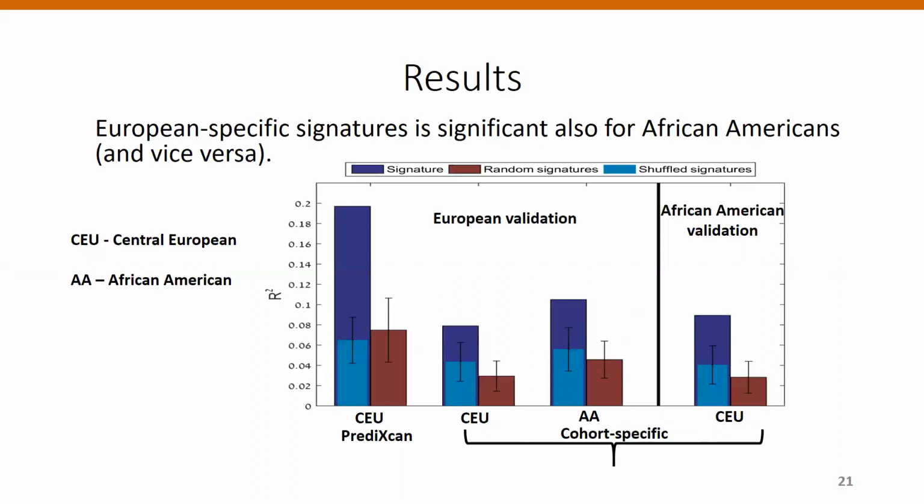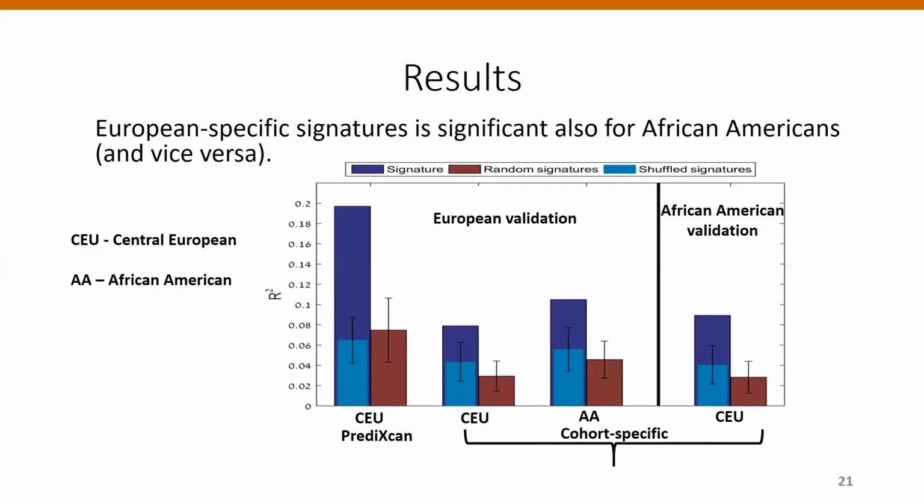So the only thing that you're not seeing here is the performance of the African American trained signature on the African American validation, and that achieved about 0.05 R squared, but it was not significant relative to random signatures. We are still studying the reasons for that.